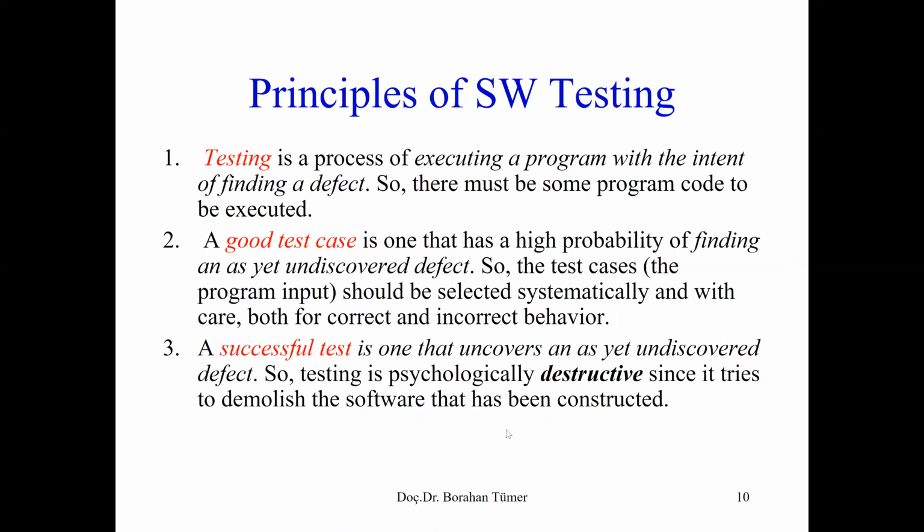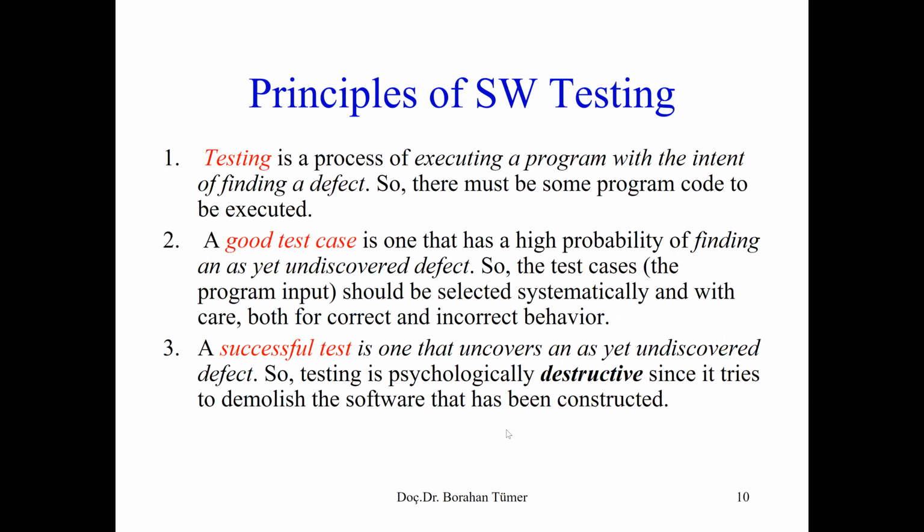Well, the principles of software testing continue. The fourth one says that testing cannot show the absence of defects. It can only show that they are present. This is Dijkstra's word.